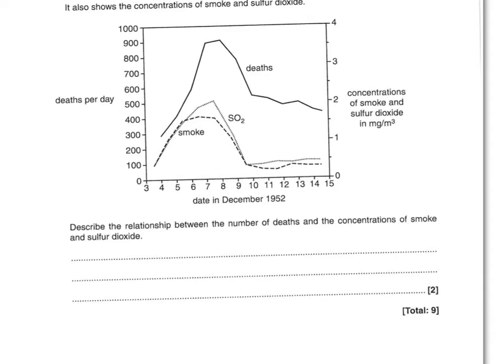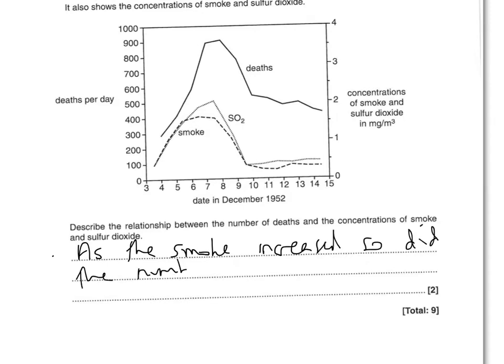So the first thing you can see is that as the smoke increased, so did the number of deaths. So that's the first thing. And then the second mark is for then linking the sulfur dioxide.